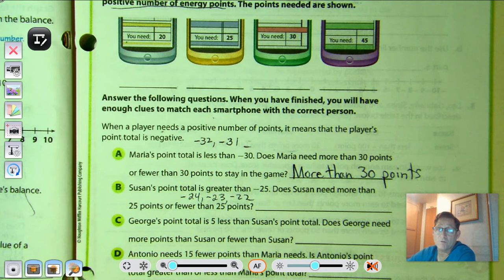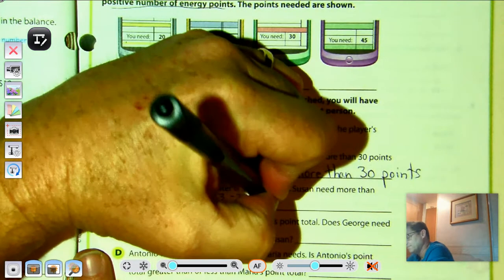Well, if she got 24 points, she'd be at 0. So fewer than 25 points.